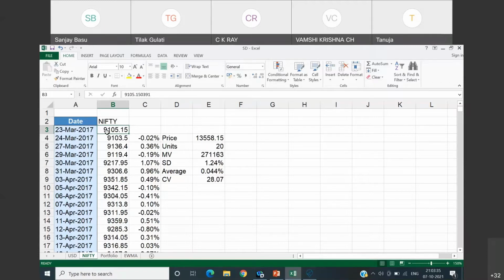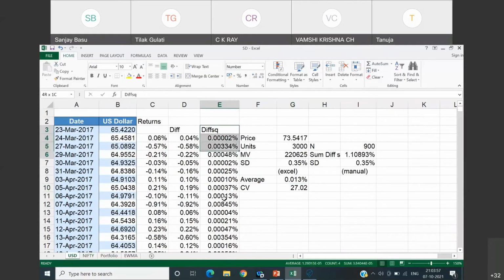From your own experience, ladies and gentlemen, you know positions which rise fast also fall fast. But standard deviation does not indicate the direction of the shock. That is because you will recall in the previous sheet, we had squared differences. Once you square the differences, you remove the signs.